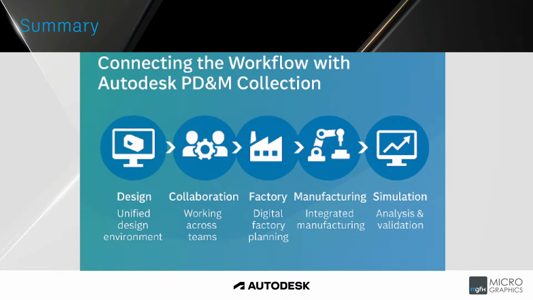In Inventor, you can save it immediately as a DWG file, and you can open it within AutoCAD. The same with Fusion. Fusion allows you to open Inventor drawings and vice versa, even models. And the collaboration between the products in the Product Design and Manufacturing Collection is quite easy to utilize.